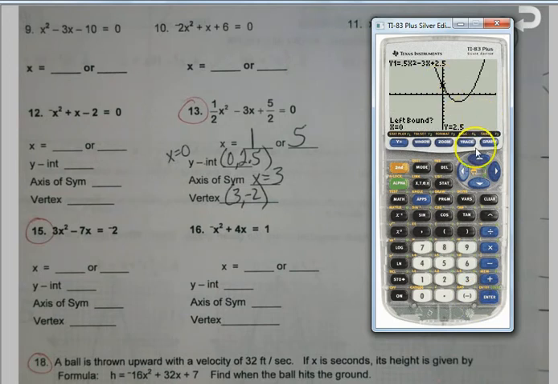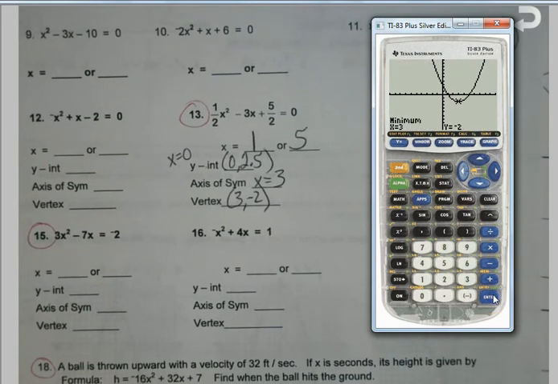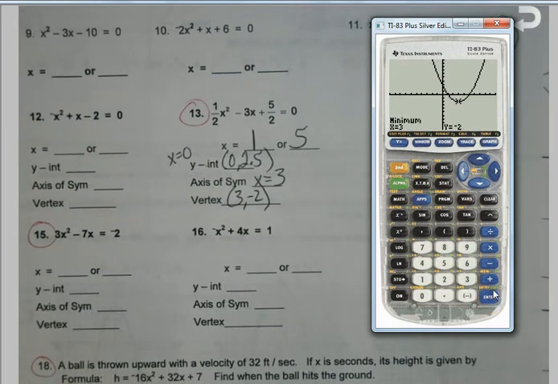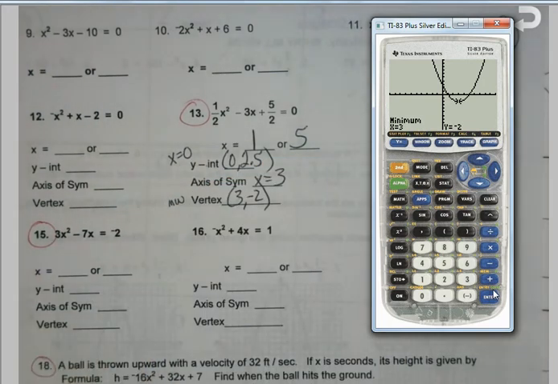So the minimum, and we talked about getting my cursor guide to about where I think the vertex would be, and then for left bound, just giving 3, 4 arrow clicks to the left, hit enter, and then get back to where I think it is, just about at my vertex. A few clicks to the right. Again, anywhere to the right of it's fine. My guess really doesn't matter. So in this case, my minimum, since it opens up, would be my vertex. There's the 3, negative 2 that I got by looking at my chart.